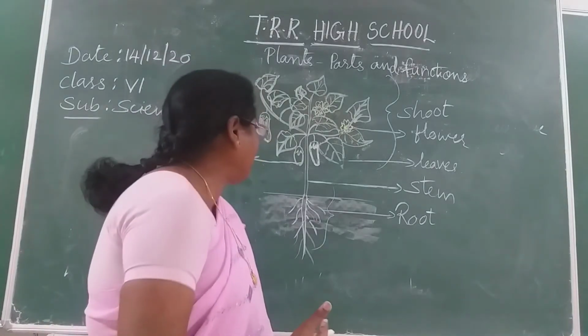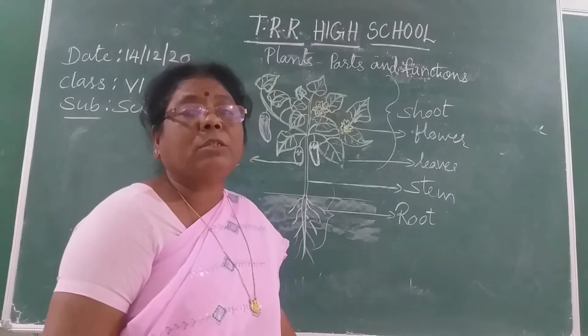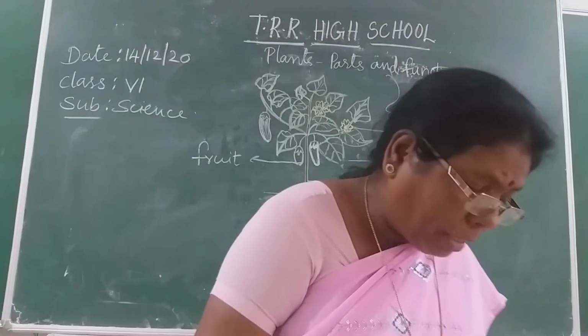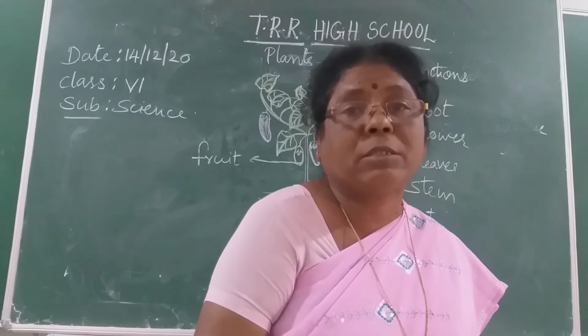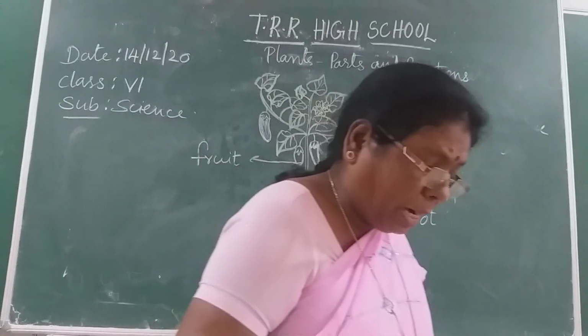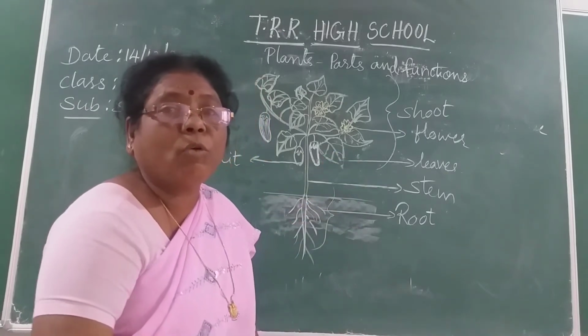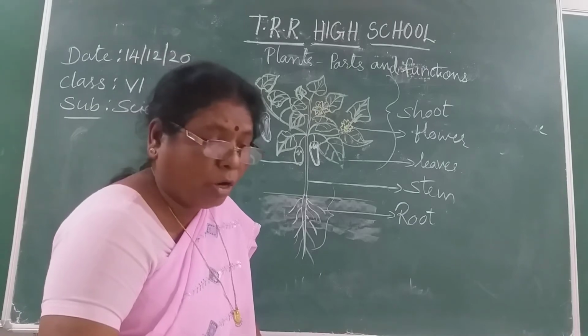In the same way, in plants also, root, stem and leaves are the important parts of a plant, isn't it? So, what is the role of these parts? What are the functions of these parts for plants?